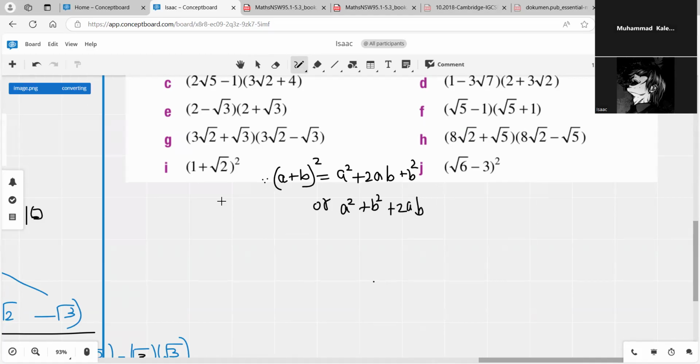Now implement this one. If you want to solve it by multiplying, you can, it's your choice. The square means we have to times it by itself. But I prefer to use the identity. It will save our time, we will have to do less calculation, so there will be less chance of getting errors.